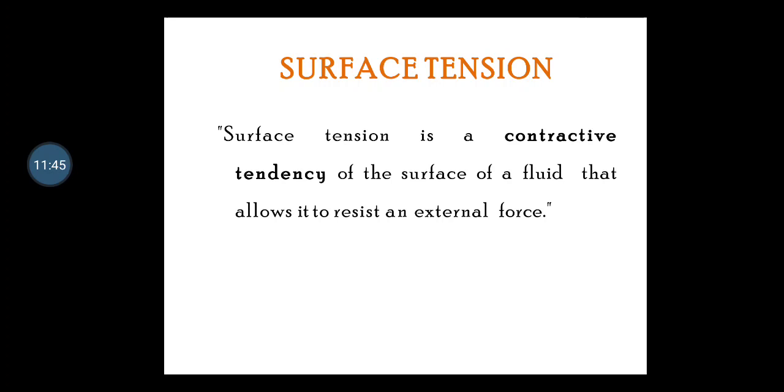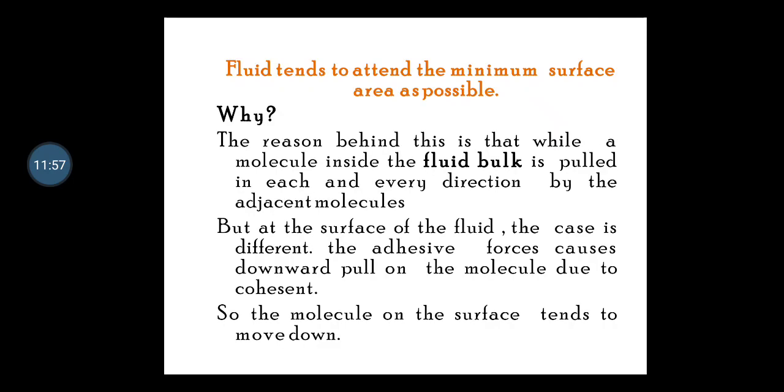Next is surface tension. Surface tension is a contractive tendency of the surface of a fluid that allows it to resist an external force. So a fluid tends to attain the minimum surface area possible. Why is it so? The reason is that a molecule inside the fluid bulk is pulled in every direction by the adjacent molecules, but at the surface of the fluid the case is different.